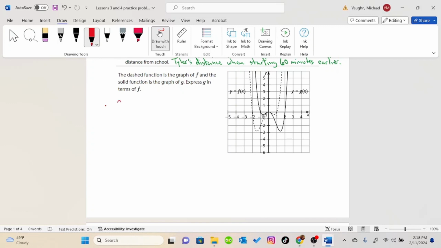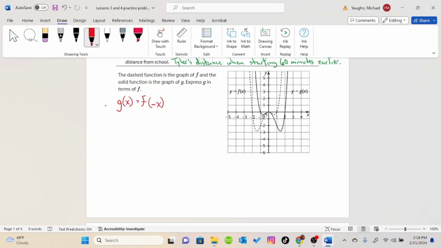So if I want to express g of x in terms of f of x, but I want the opposite, then I want my negative inside the parentheses with the x. This would give me the opposite of whatever I had.